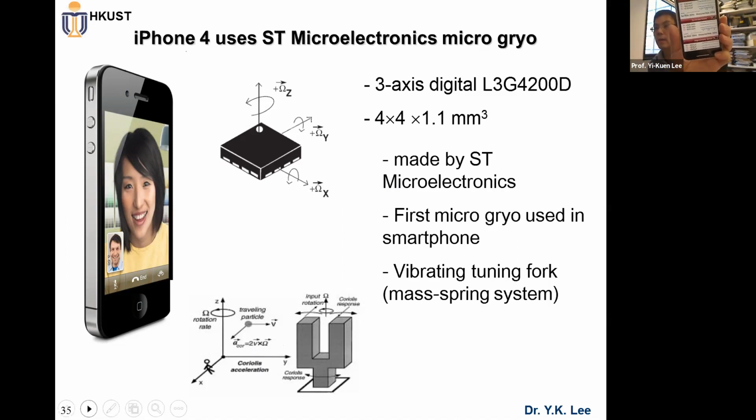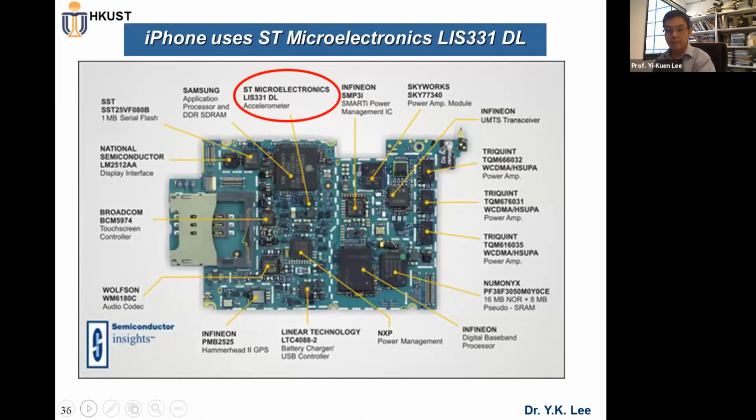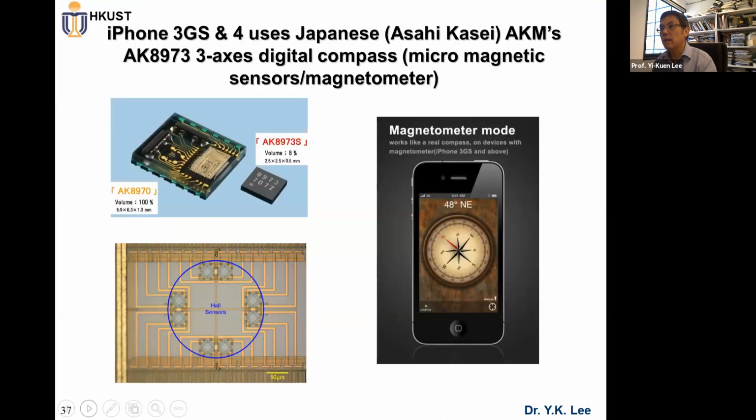Okay, and here again, if you open up your smartphone, this is the iPhone's PCB board, so there's a little chip here, an ST Microelectronics 3-axis micro accelerometer. Okay, and of course you also have a magnetic sensor, right?